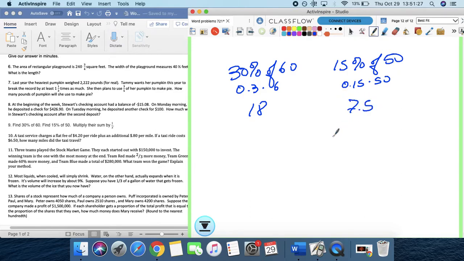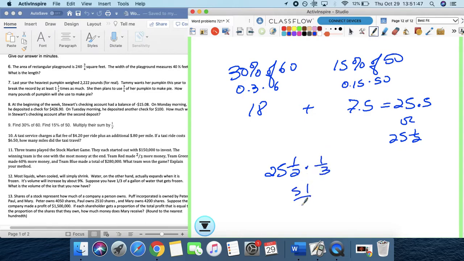We're supposed to multiply their sum by 1/3. So 18 plus 7.5. So we got to add these two now. We get 25.5 and multiply that by 1/3. So I'd much rather use the fraction. So 25.5 times 1/3, we get 51 over 2.